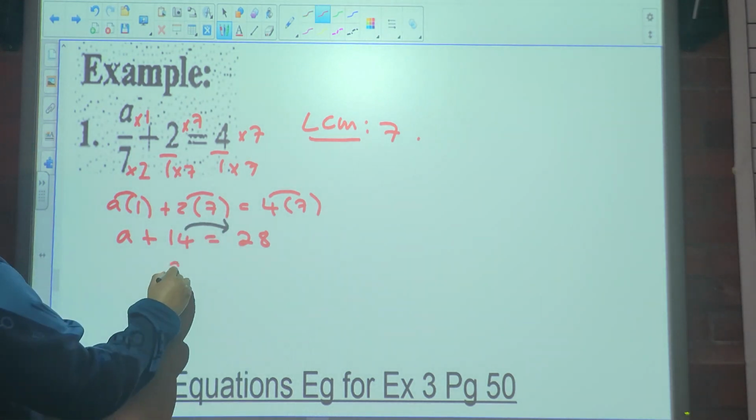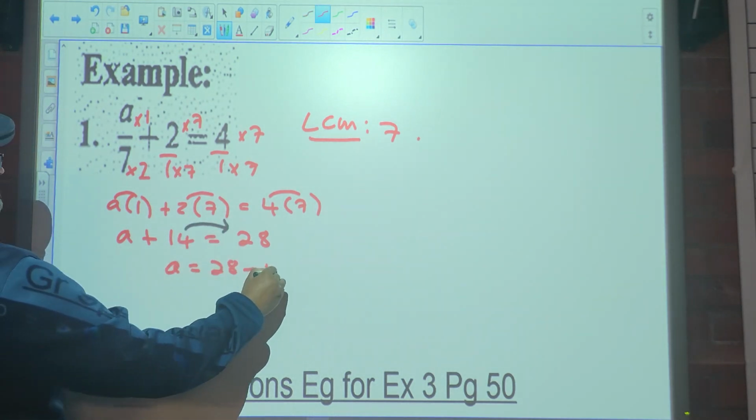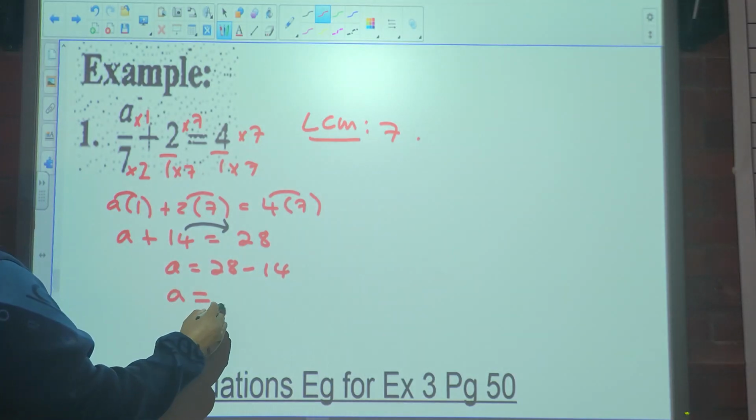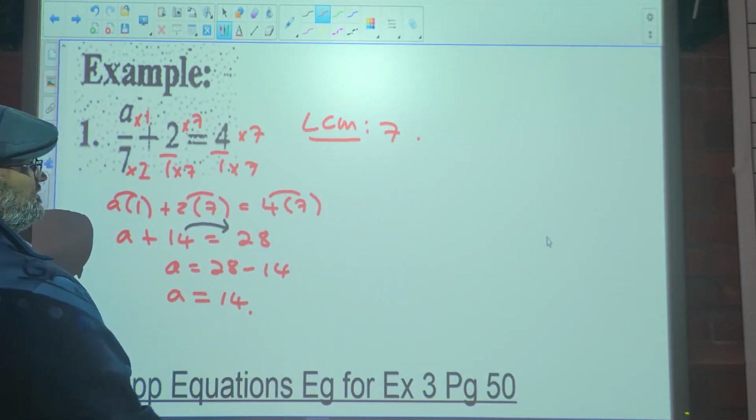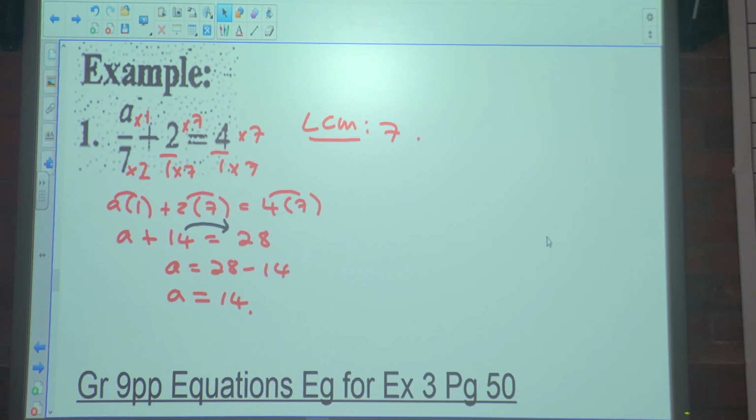So it now becomes a is equal to 28 minus, and what's 28 minus 14? 14. So there's your first answer. Any confusion there? No?